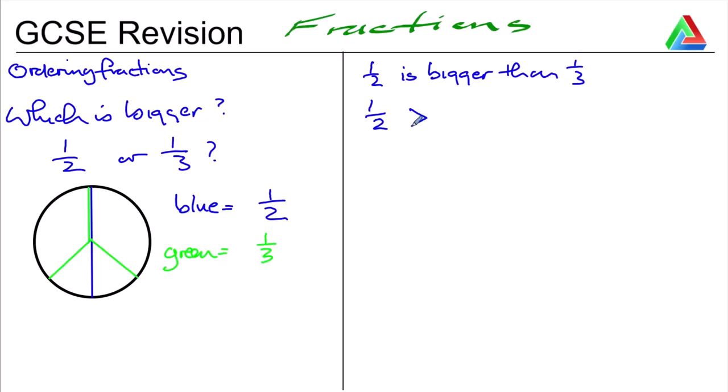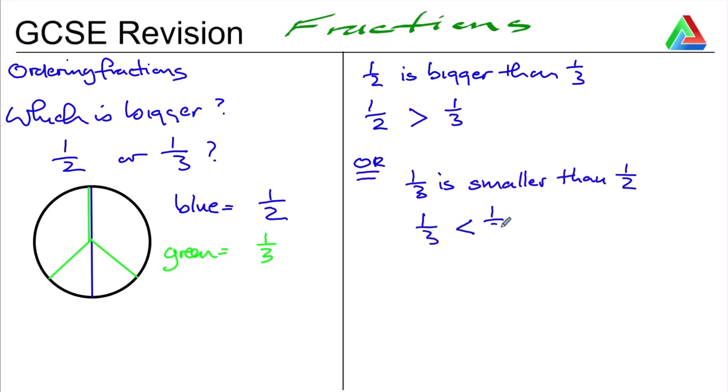In maths, we would write it as 1/2. Then we use this symbol here, and we read that symbol as is bigger than. So 1/2 is bigger than 1/3, or we could say a third is smaller than a half, and we write it as 1/3, and we use this symbol, 1/3 is smaller than a half. You can do these in your head. Another example, which is bigger, a fifth or an eighth.